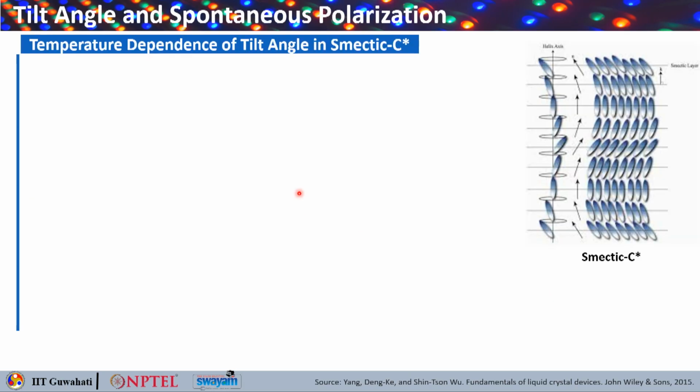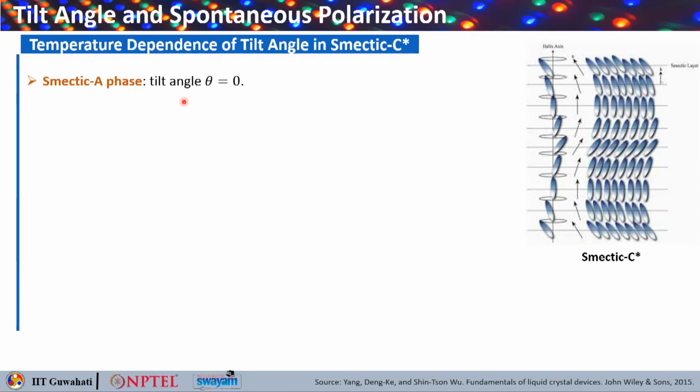So now let us understand the tilt angle and the spontaneous polarization in more detail for smectic C star. There is a temperature dependence of tilt angle in smectic C star liquid crystals.